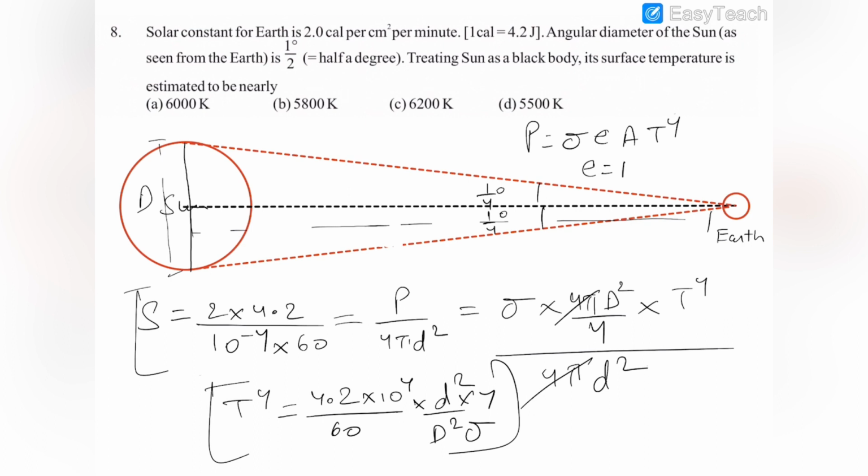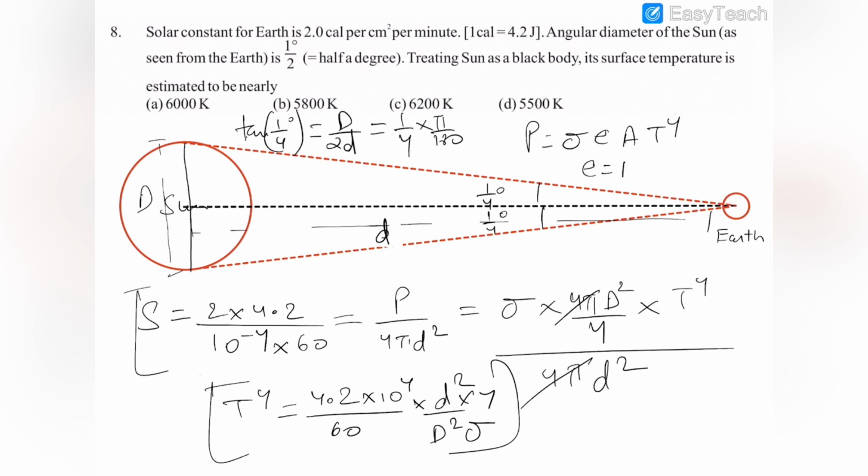So you can see that this angular diameter is given as half degree, which means that tan 1 by 4 degree is equal to D by 2 upon small d. This is D by 2 upon small d, and for small angles it is 1 by 4, and in radians it would be equal to 1 by 4 into pi by 180.